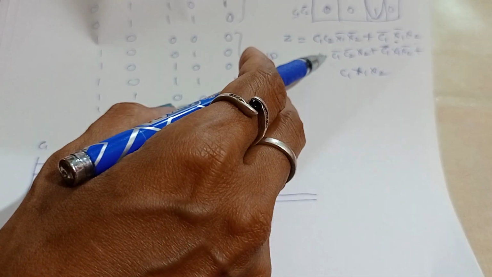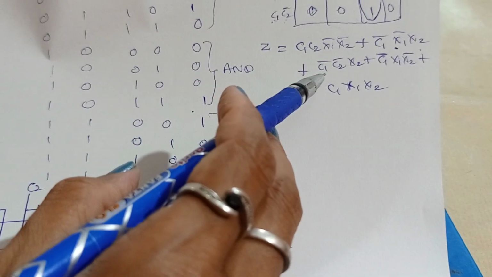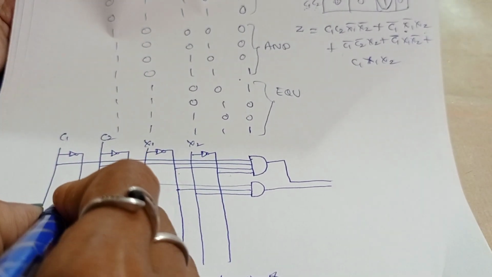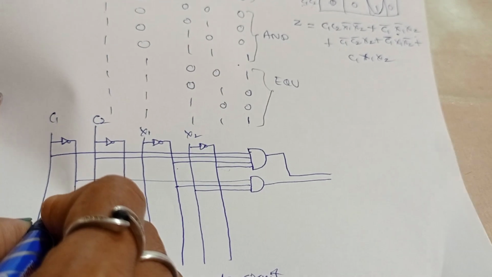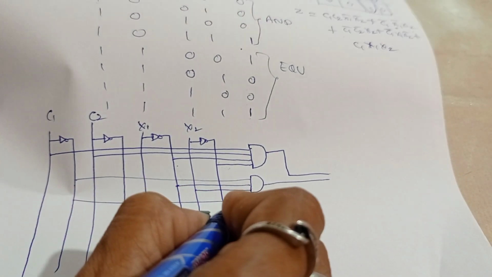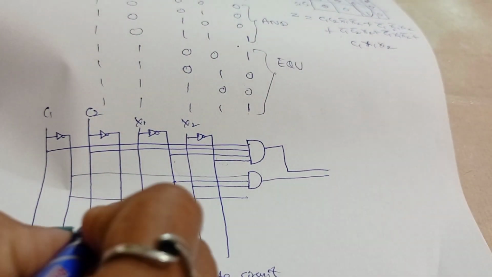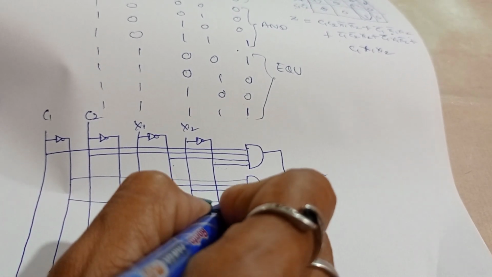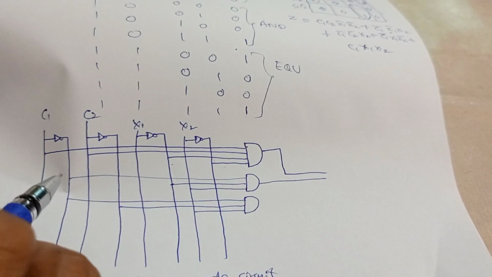Next, C1 bar, C2 bar, X2. So take the inputs from C1 bar, C2 bar, X2 and connect with an AND gate.